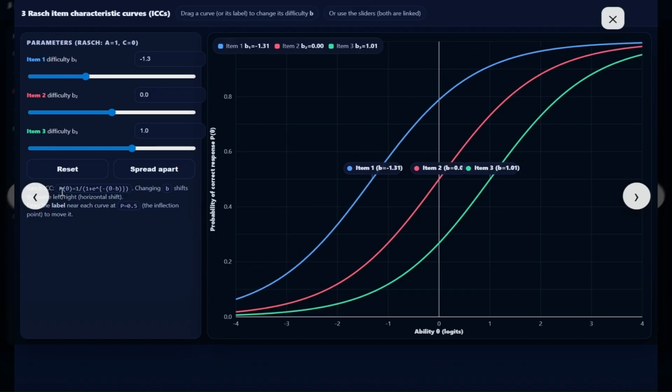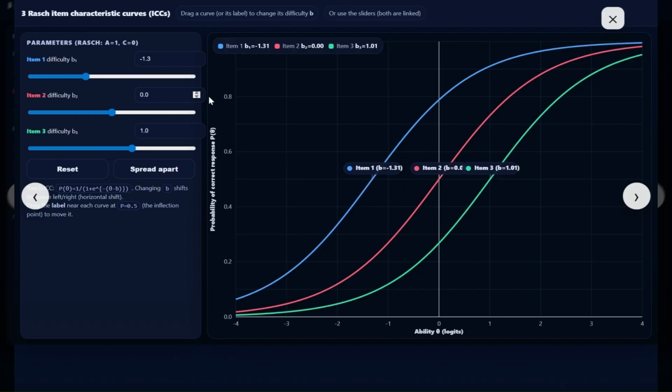The equation of the Rasch model is that the probability of a student of ability theta getting the answer correct is 1 over 1 plus e raised to the exponent of minus (theta minus b). So it is theta minus b that determines the probability.